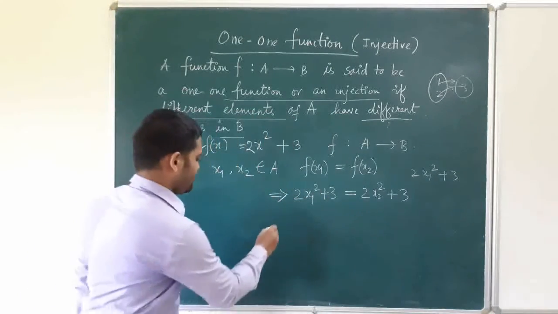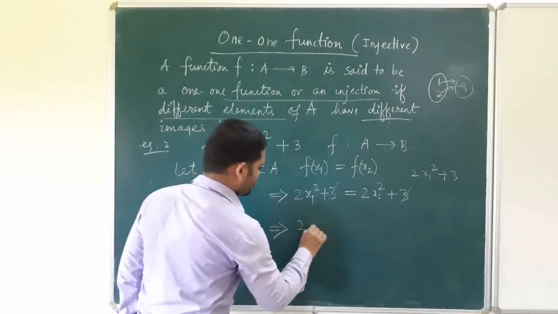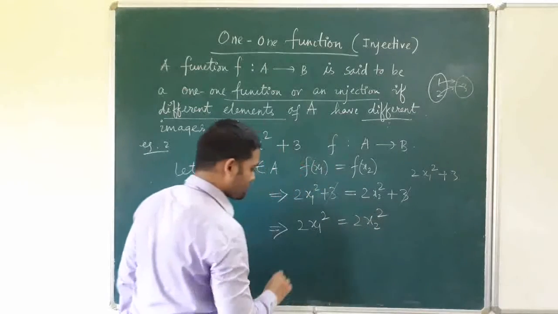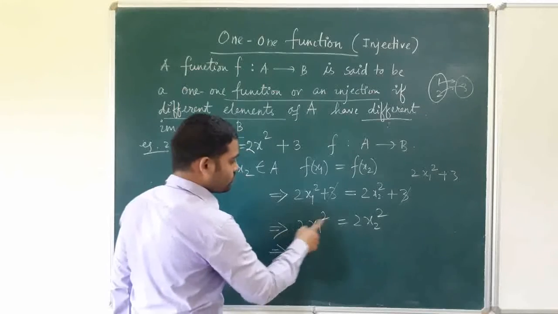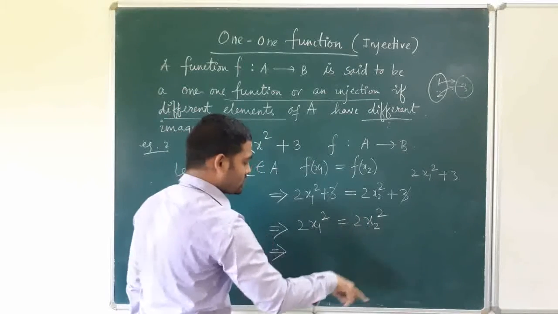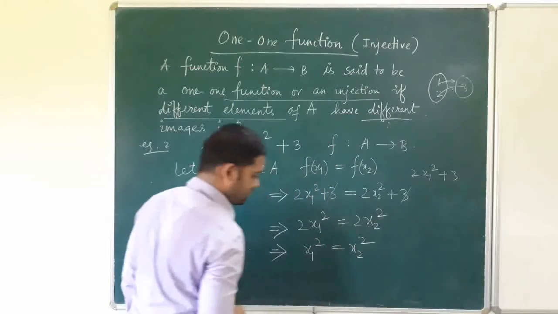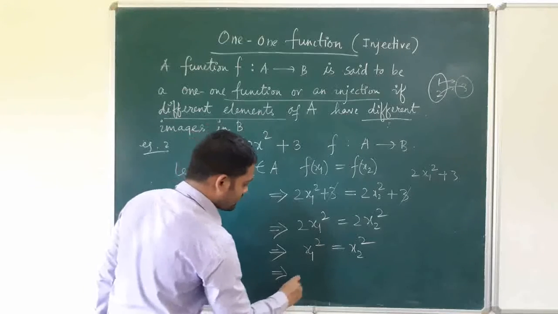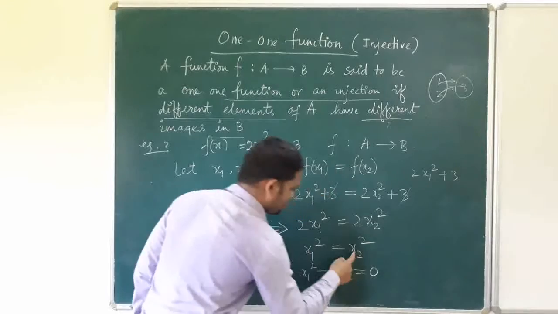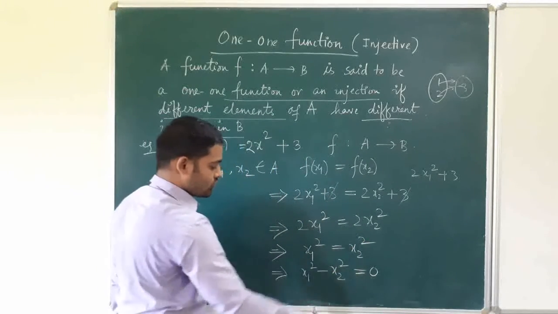Understood? So let's proceed. The 3 on both sides you can cancel, so you get 2x1 square is equal to 2x2 square. Now the 2 on both sides you can cancel, so you get x1 square is equal to x2 square, and now you can write x1 square minus x2 square is equal to 0, taking x2 square to the left side.